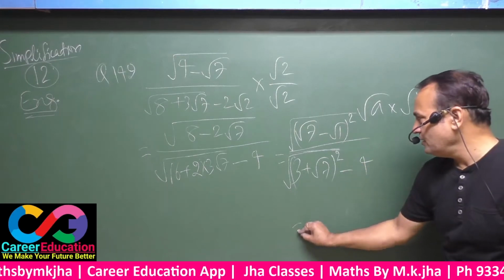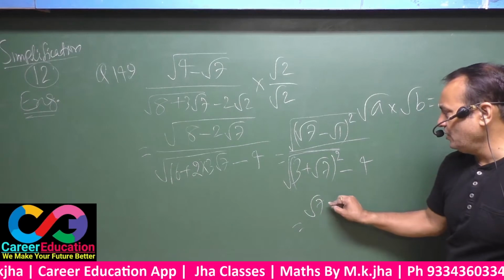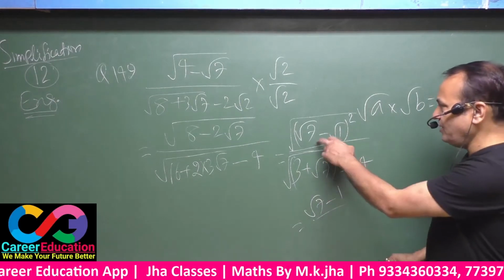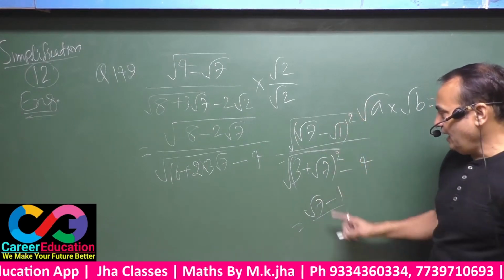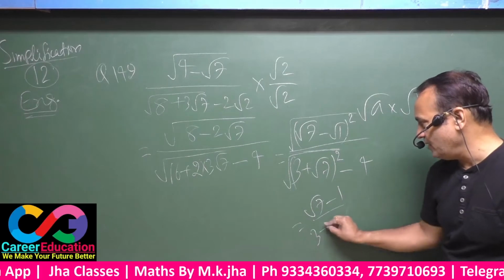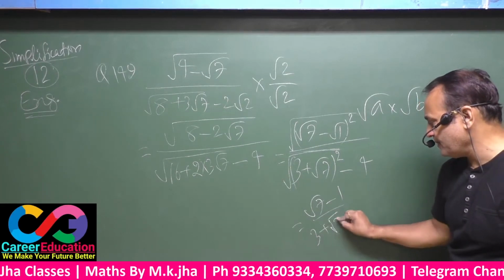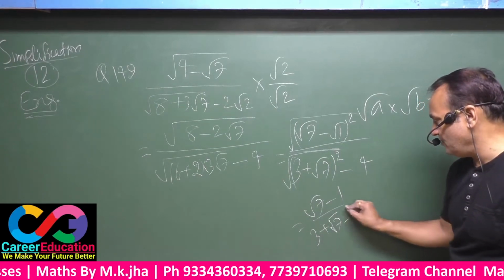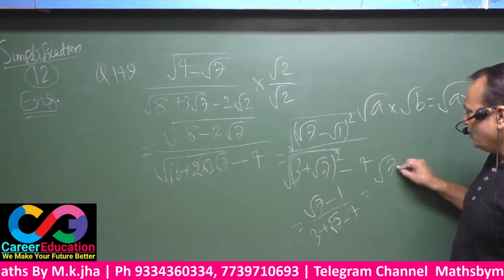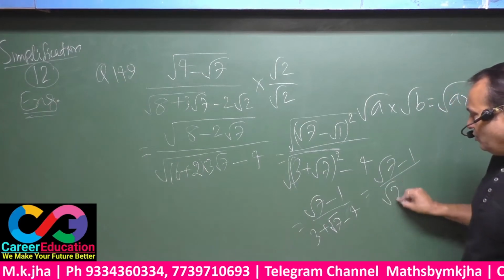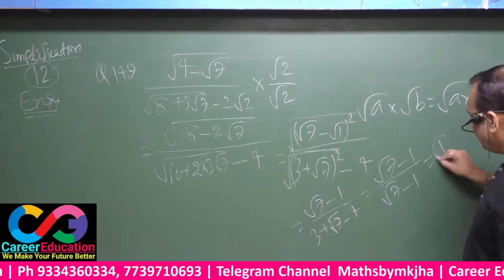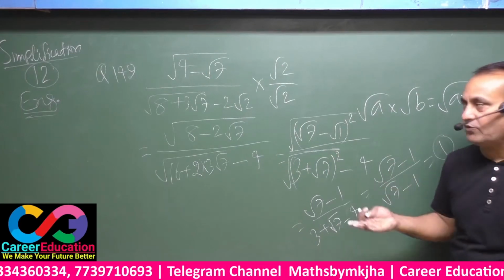Now, you get here root 7 minus 1, root 7 minus 1, this will be cancelled. And here also 3 plus root 7 minus 4. That means you got root 7 minus 1 below root 7 minus 1, and after cancellation the final answer is 1 for this question.